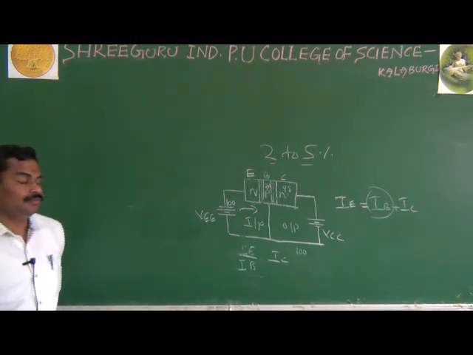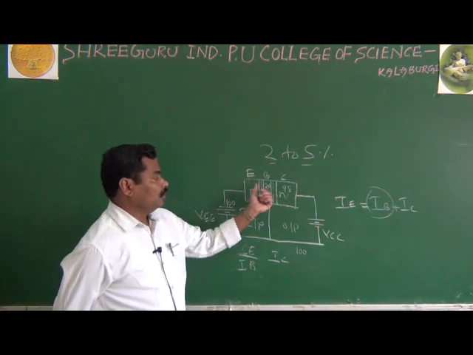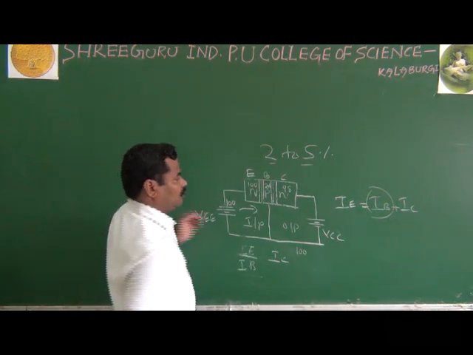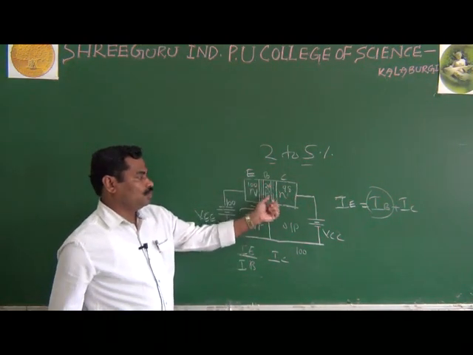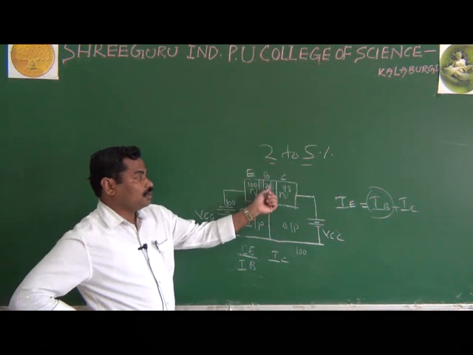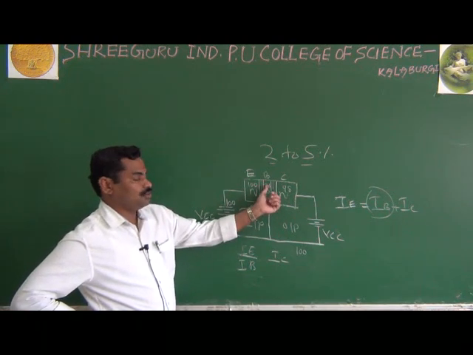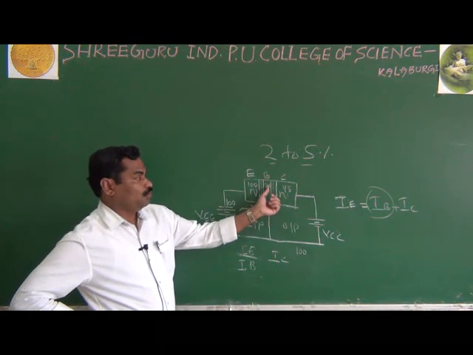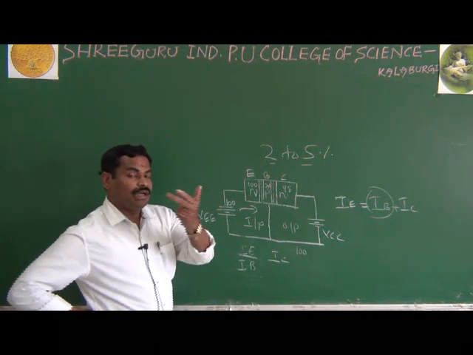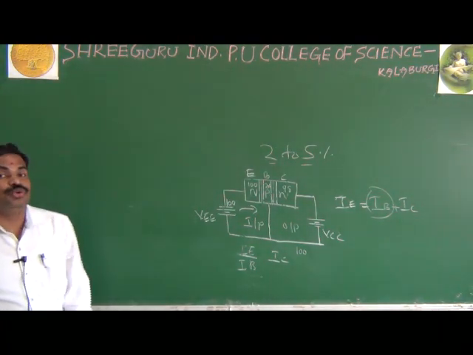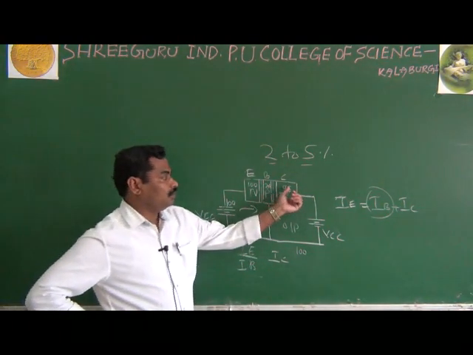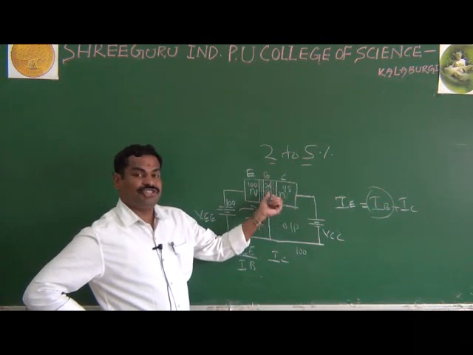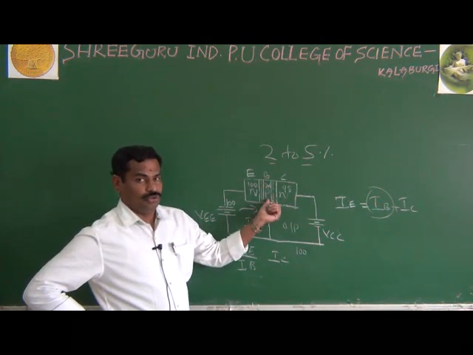Here you are applying 100 electrons, and the 100 electrons come towards the base. Of the 100 electrons, only 2 electrons and 2 holes will recombine. It means you are missing only 2 electrons and 2 holes. The remaining 98 electrons come towards the collector, but you have a deficiency of 2 electrons and 2 holes.